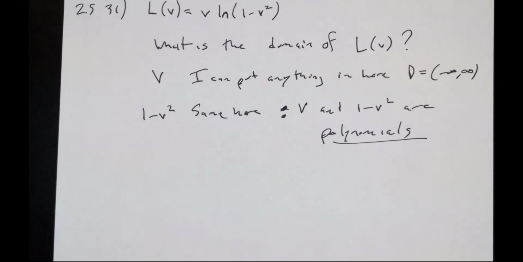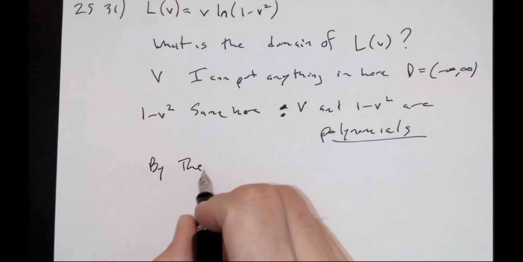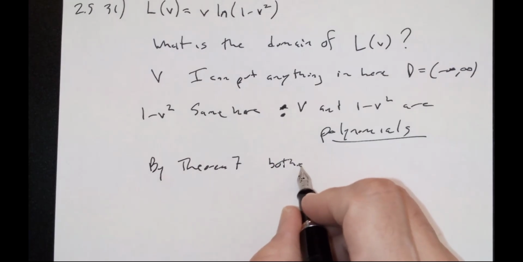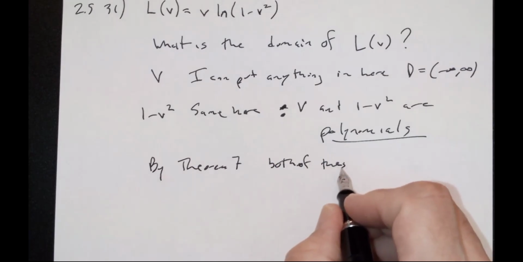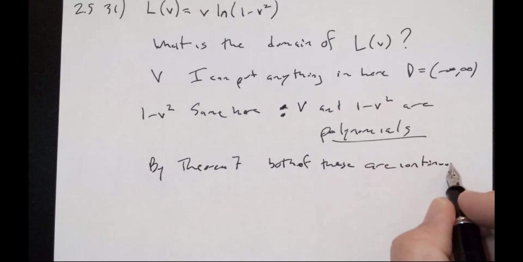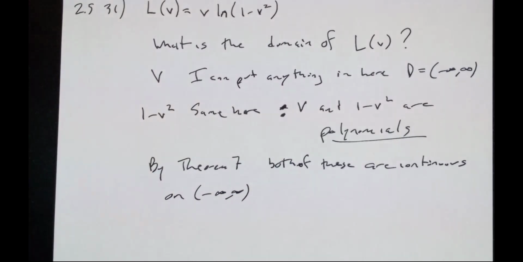So these are continuous at every number in their domain. They're defined everywhere. By theorem 7, those are continuous everywhere.